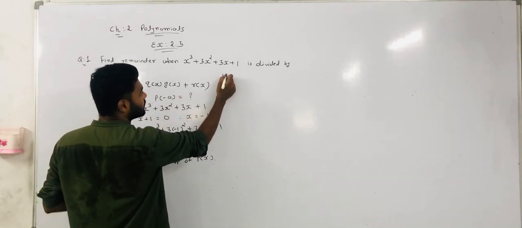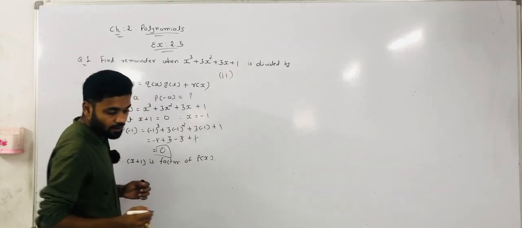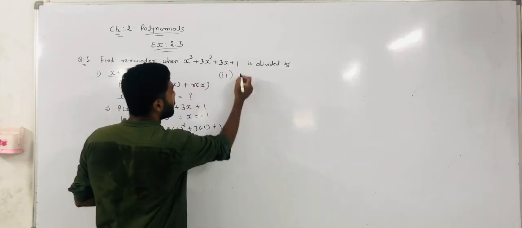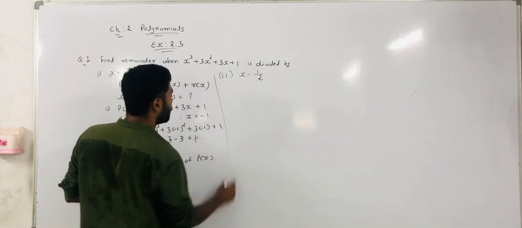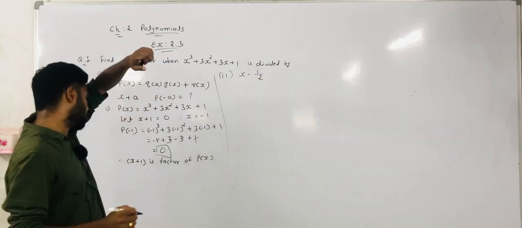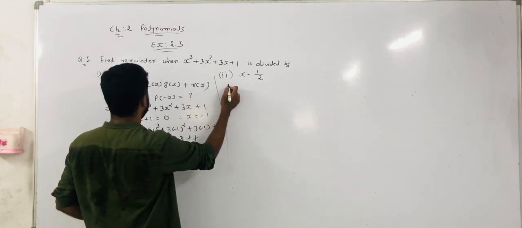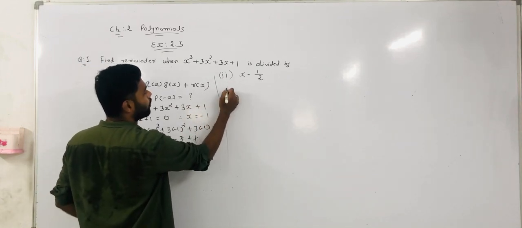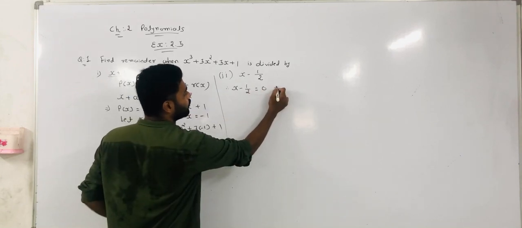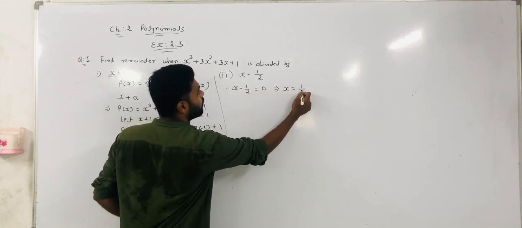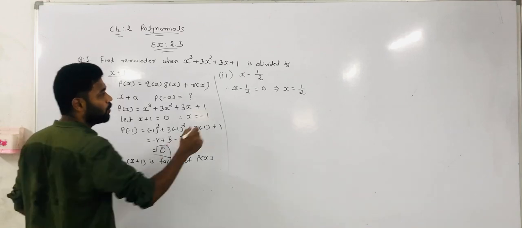Same in the second question, where it is divided by x minus 1 by 2. So we have to follow the same procedure. Now x minus 1 by 2 equal to 0, so you will get x equal to 1 by 2.